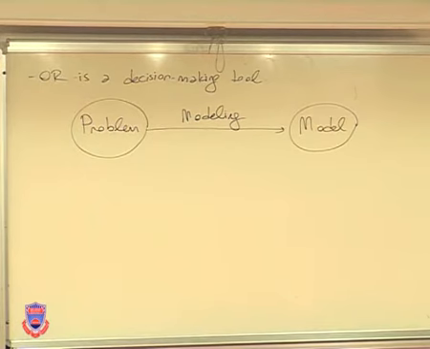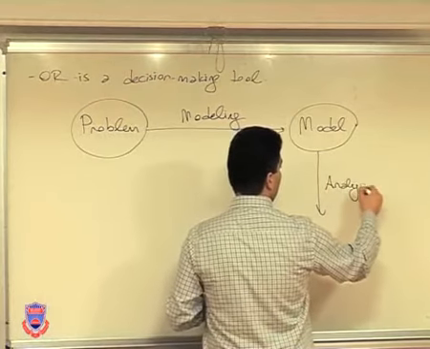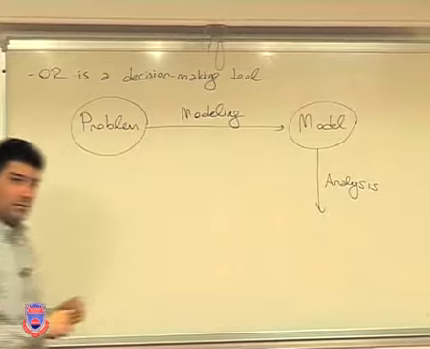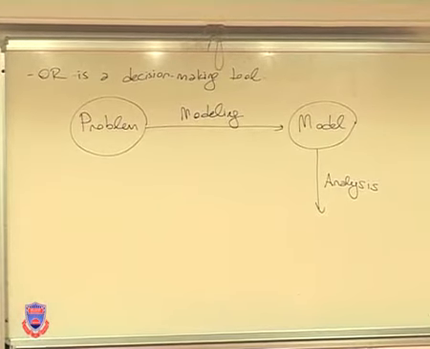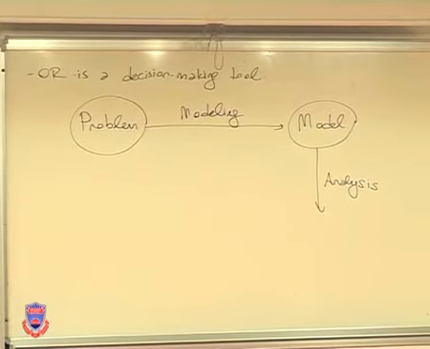Okay? Then once we have a model, then we analyze the model. And when I say analyze, I also talk about actually solving the problem, solving the model, and also using that to maybe strengthen the model and so on and so forth.